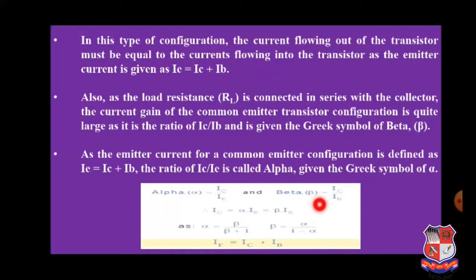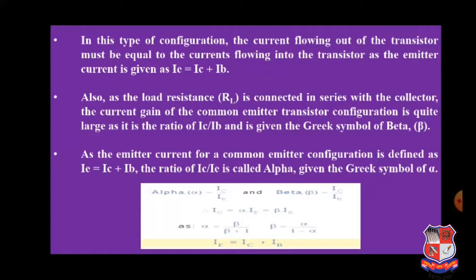Beta is equal to, we have already considered, collector to base current ratio, and from these two equations we can deduce one relation as the IC is equal to alpha IC minus beta IE, and hence the relationship between the current gain and alpha can be deduced as alpha is equal to beta upon beta plus 1, and beta is equal to alpha upon 1 minus alpha.